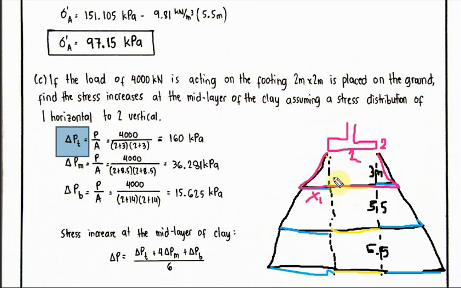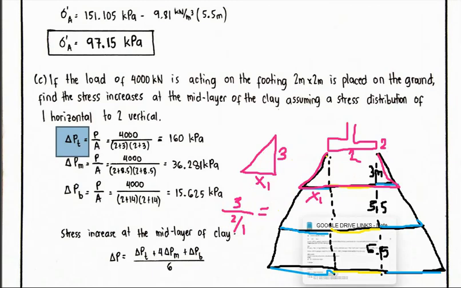So sa 3 diri nga value which is ato siya i-project, 3 manam x1. So ang formula lang is just this height here, vertical distance over 2:1. So 3 over 2:1. So pila man na siya. Kung pila ang distance diri, i-divide mo siya sa 2:1. So pila man ni?